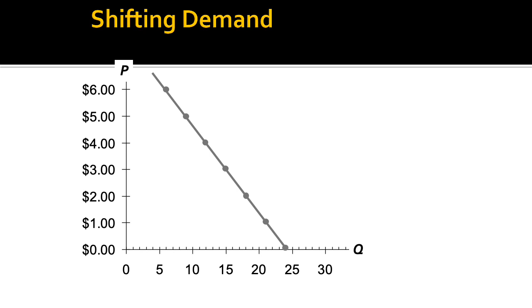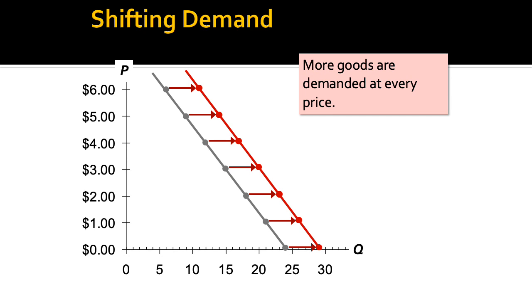So when you're shifting the demand curve, what that really means is that for any given price, consumers want to buy more goods. So more goods are demanded at every single price. This shows us a rightward shift, or an increase in demand.